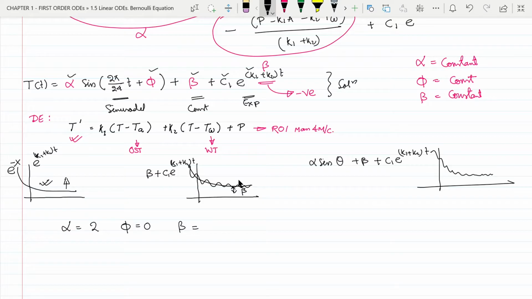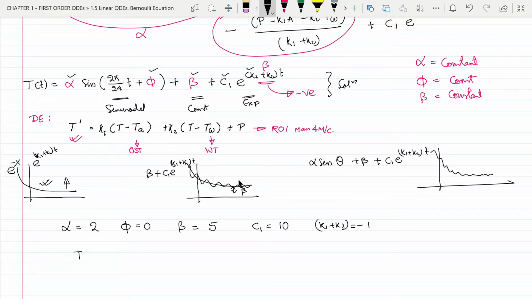Let us take beta as 5. Let us take c1 equal to 10 and k1 plus k2, let us take it as -1.